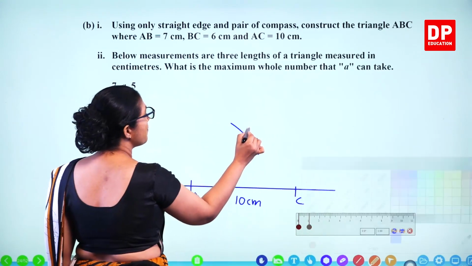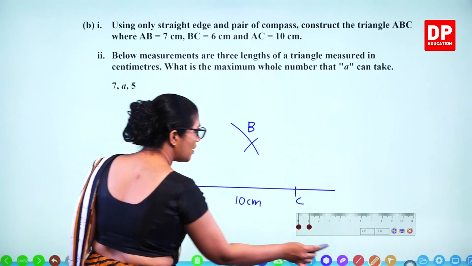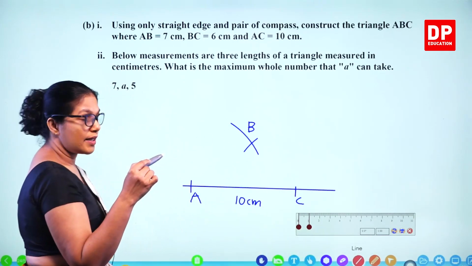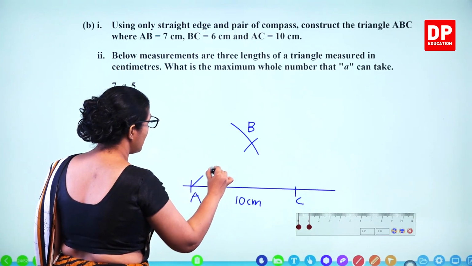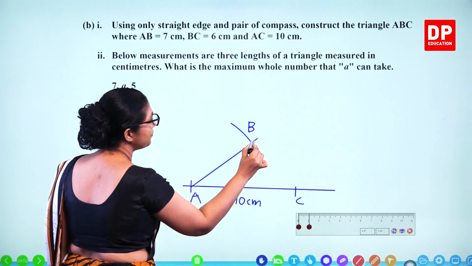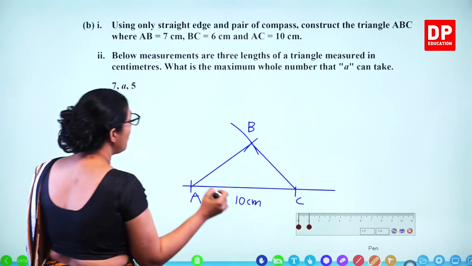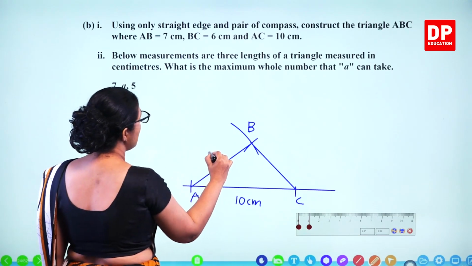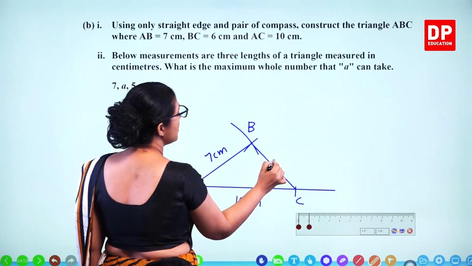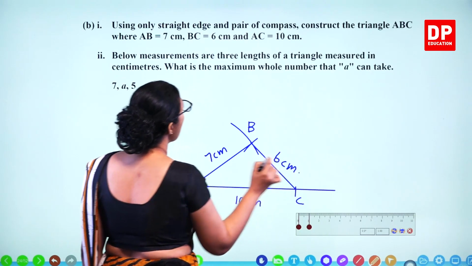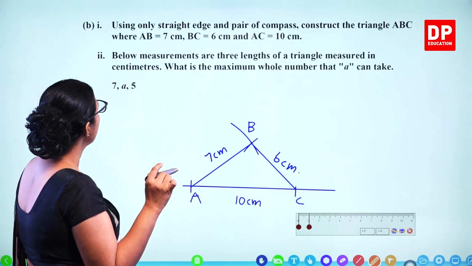Intersecting point is B. So here we can now connect the points. AB, BC. So we'll mark AB 7 centimeters. This is 6 centimeters. So that's the first part.